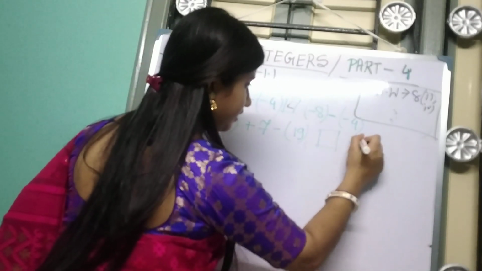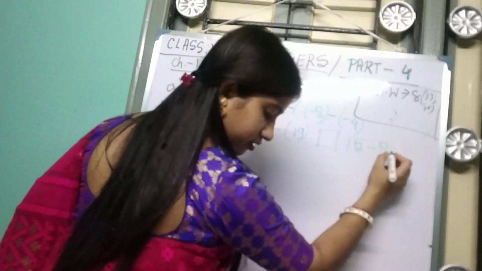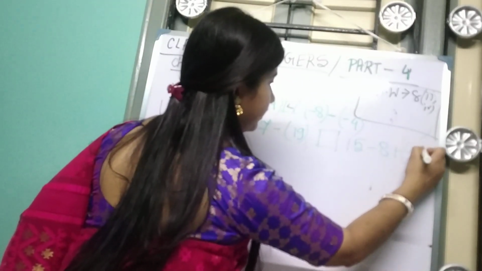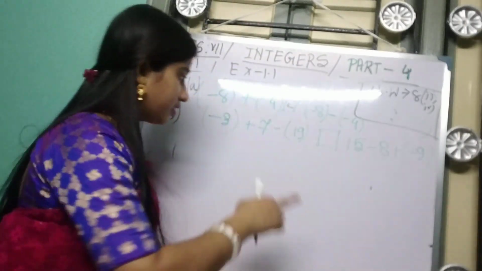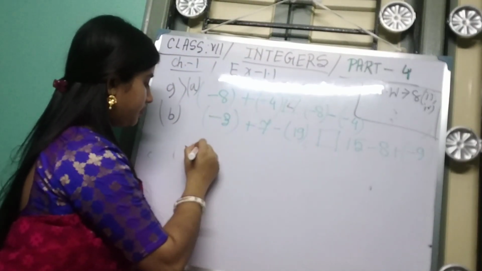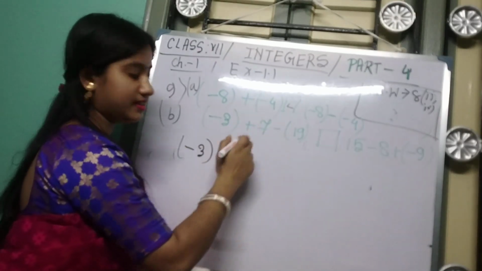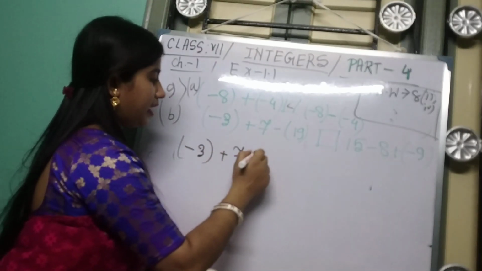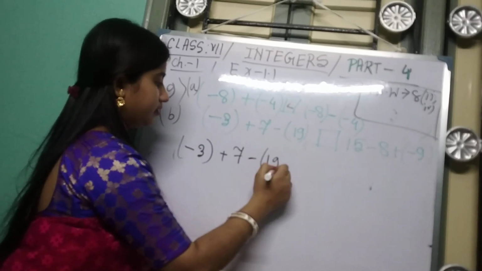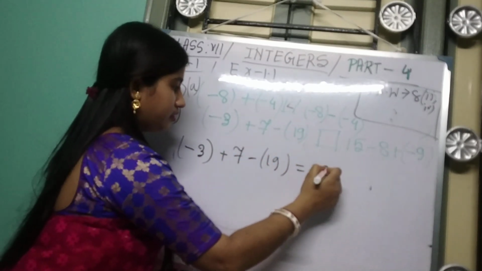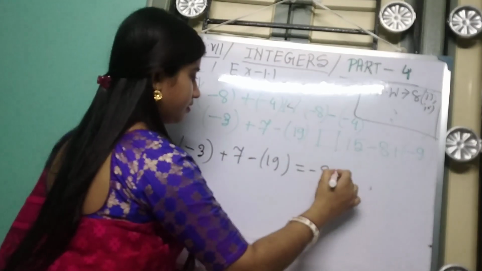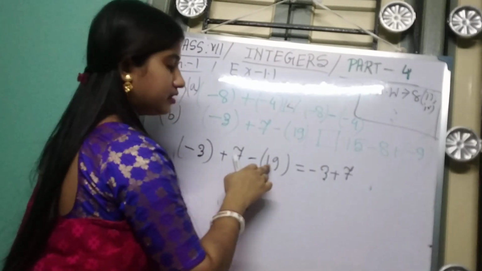Here 15 minus 8 plus of -9. Now first we try this side: -3 plus 7 minus of 19.